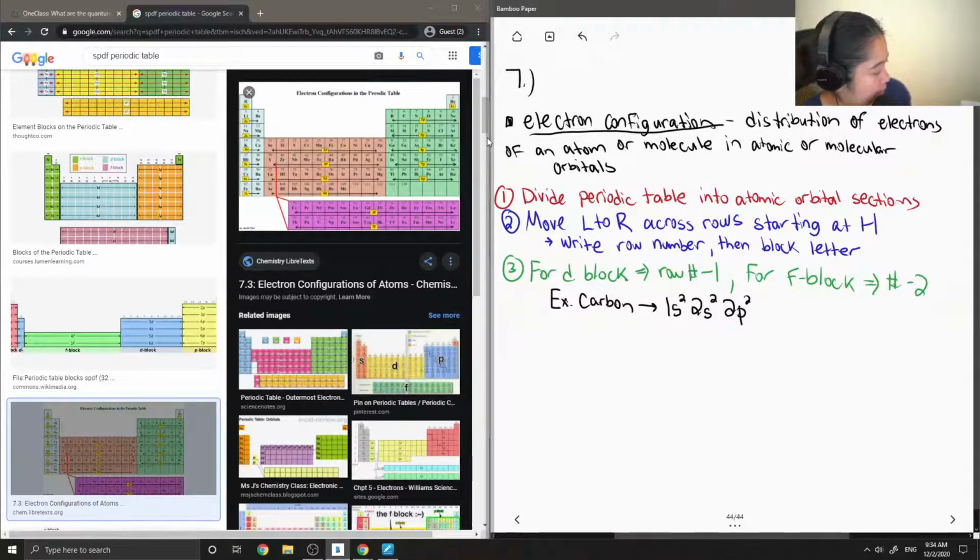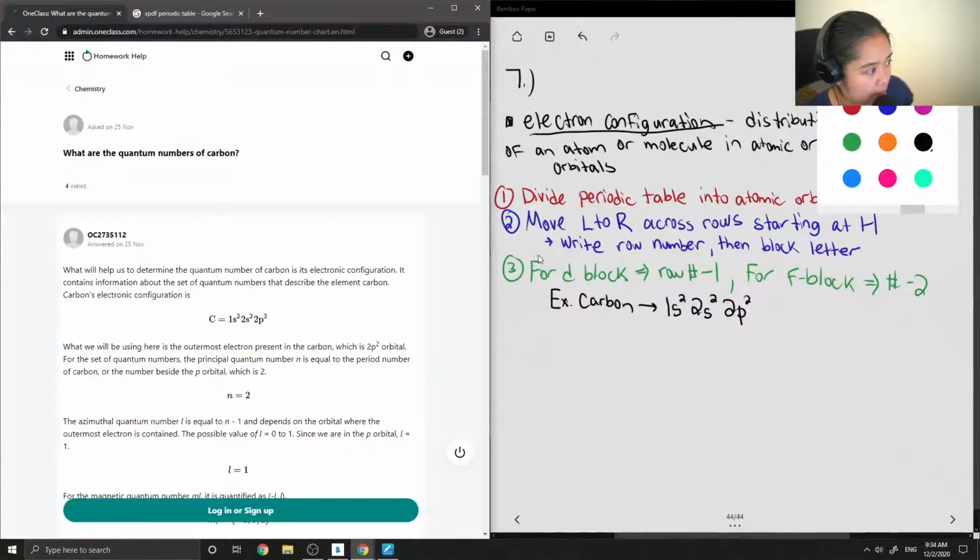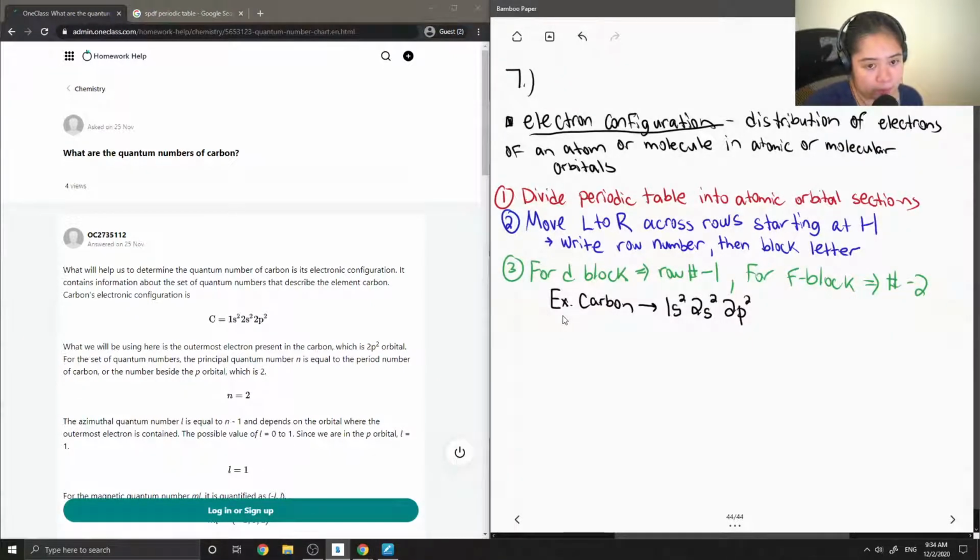Okay, so now that we know the electron configuration of carbon, we need to figure out the quantum numbers. One of the rules with quantum numbers is that every electron has a different set of quantum numbers.